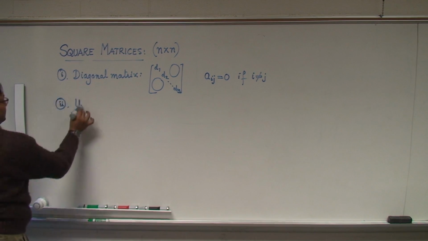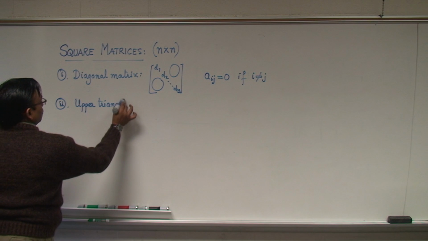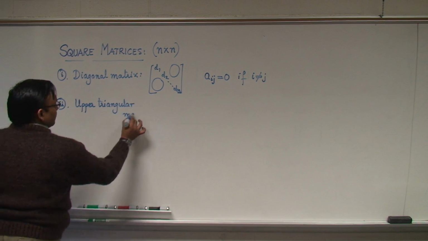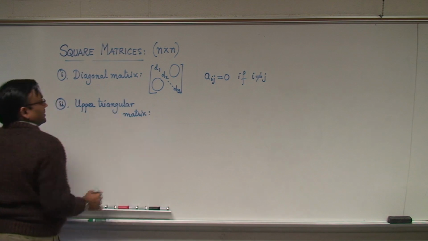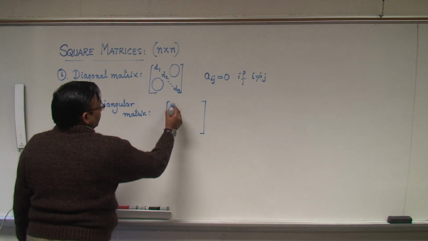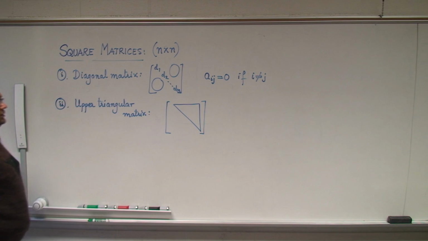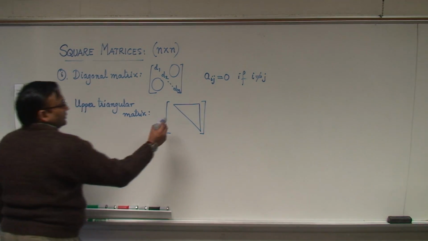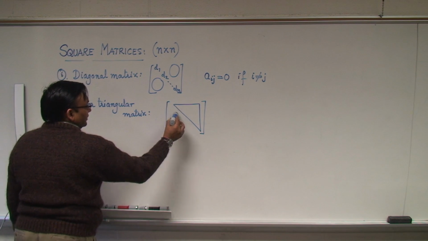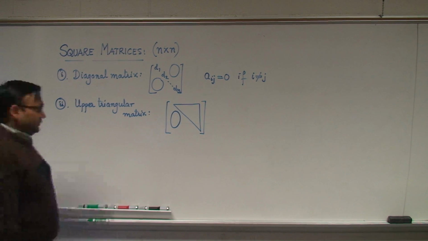Then there is an upper triangular matrix. As the name suggests, imagine you have a square matrix, you can split it into two halves along the main diagonal. If we have a matrix where the lower half is all zero and the upper half could have zero or non-zero entries, then we say we have an upper triangular matrix.